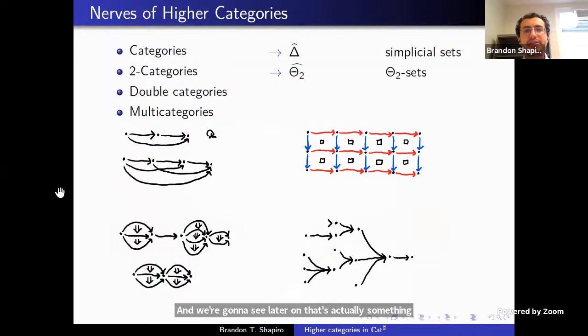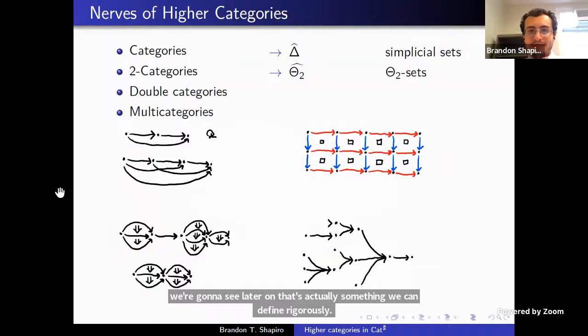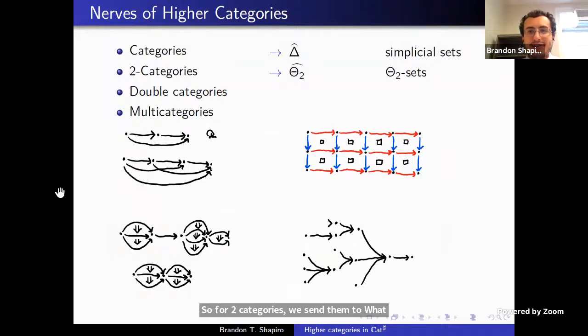So for 2-categories, we send them to what are called Theta 2 sets, which are cell diagrams whose cells, just like simplicial sets, can be regarded as diagrams over these sequences of arrows with the composites added in and with higher dimensional information plugged in for those algebraic relations. You get this category whose objects are these pasting diagrams.